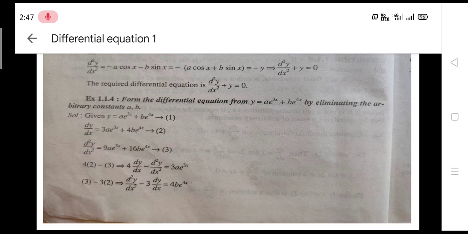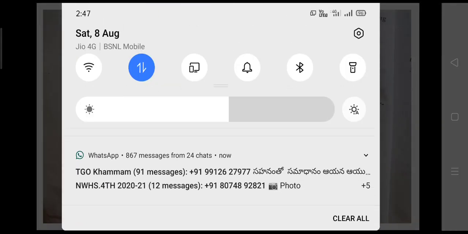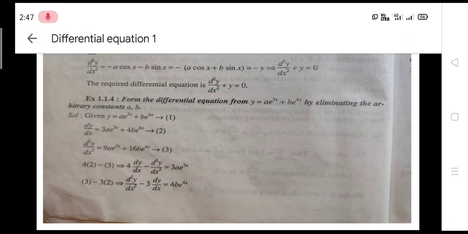Now differentiate equation 1 with respect to x, that is dy by dx is equal to 3 times a into e power 3x plus 4 times b into e power 4x. Differentiating equation 1, we got dy by dx, that is equation 2.